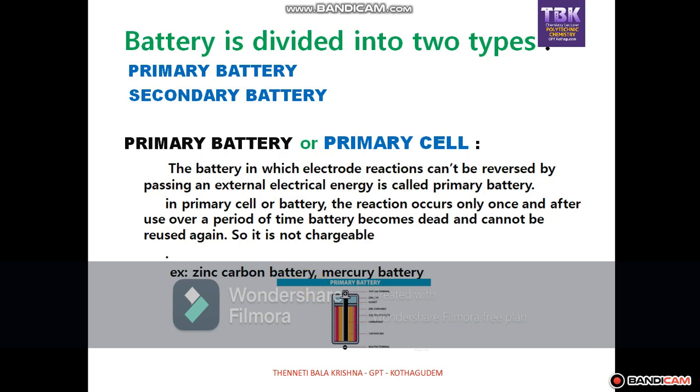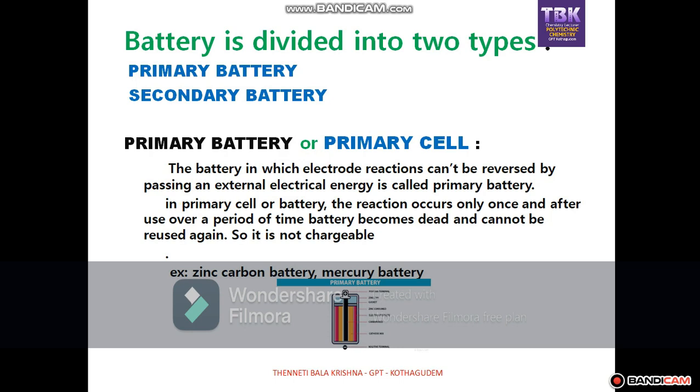Once we use the battery, it becomes dead and cannot be reused again, so it is not rechargeable.